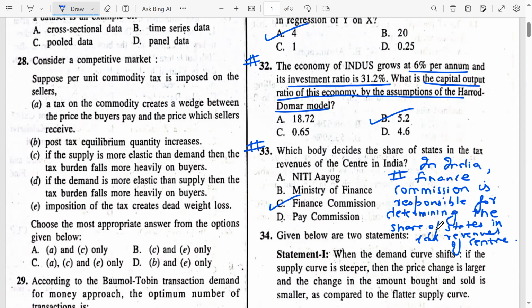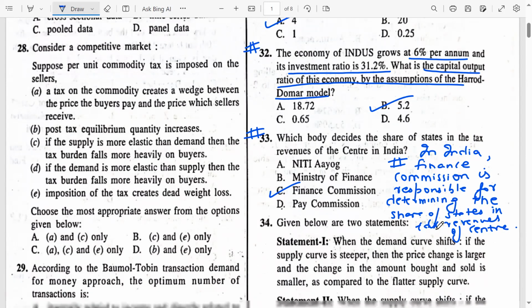So Finance Commission is that constitutional body which takes care of the share of states in the tax revenues of the center. Whatever tax revenues collected by the center, how the tax revenue is distributed among the states in India is taken care of by the Finance Commission.